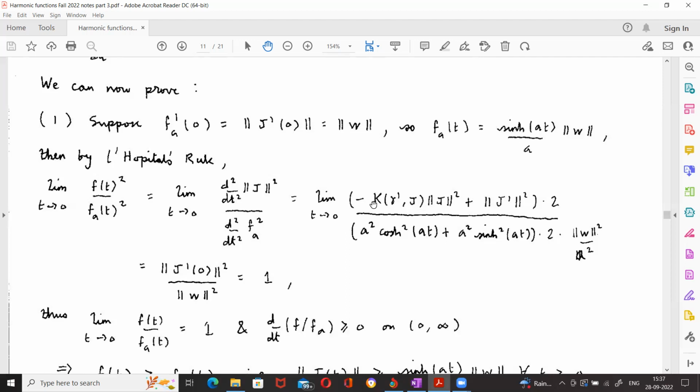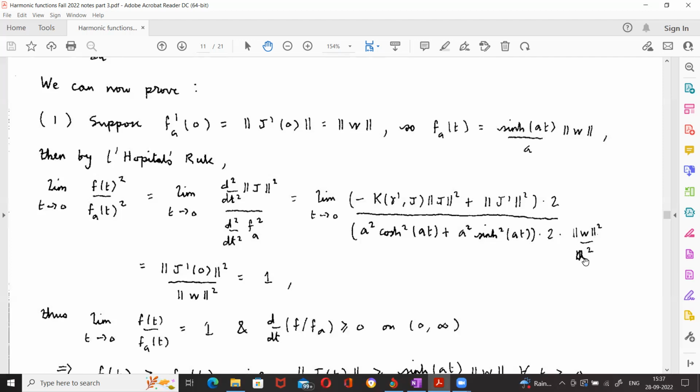This is minus k of gamma prime j, norm j squared, plus norm j prime whole squared, into 2, divided by d squared dt squared of fa squared. This is just a calculation. This is a squared cos h squared at plus a squared sin h squared at, into 2 into norm w squared over a squared. Okay.